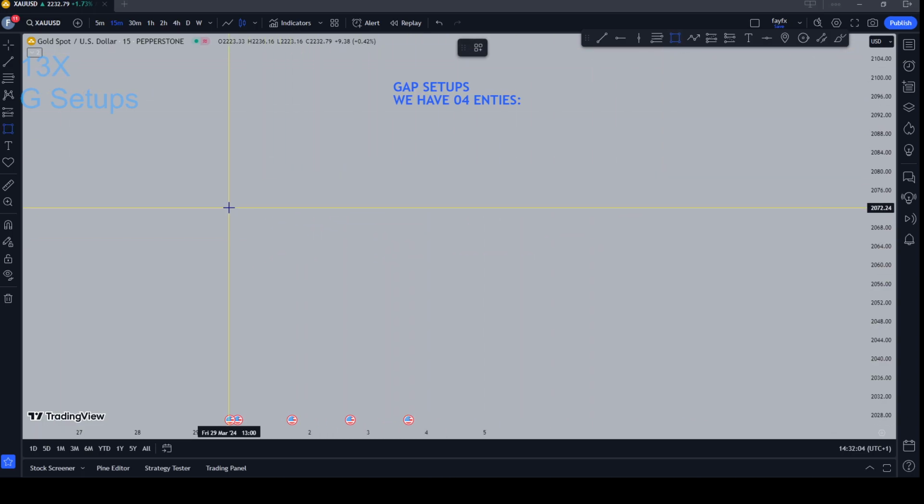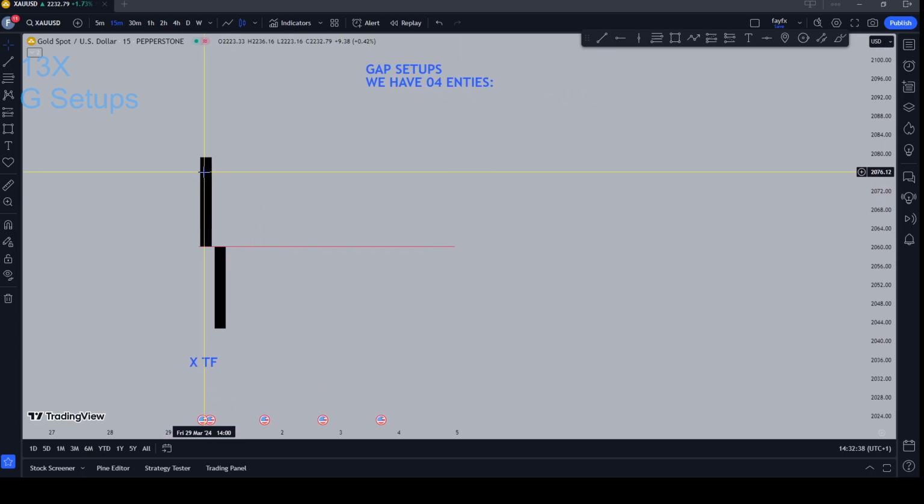The first one is, imagine we have a bearish gap here at the next time frame, and when we go one time frame lower, what are we going to find?